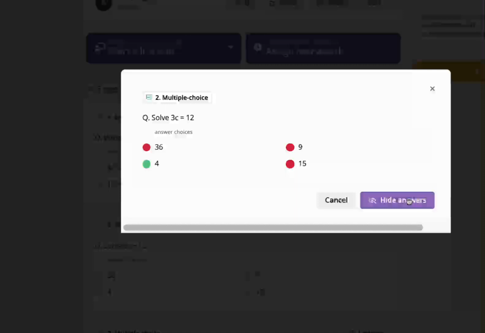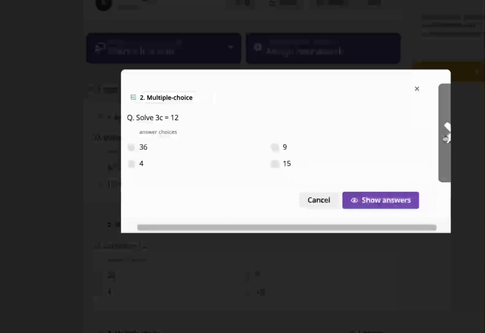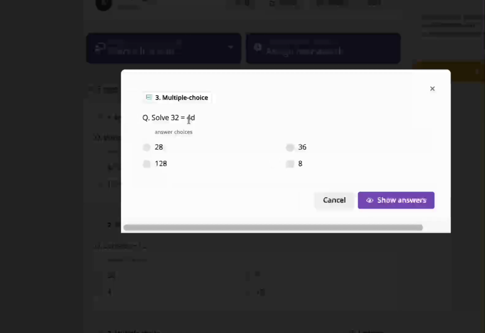Any problems? In the next question, it's the same. We will divide by 4. 32 divided by 4 equals 8. And 4d divided by 4 equals d. So 8 equals d, or d equals 8. So the answer is 8.